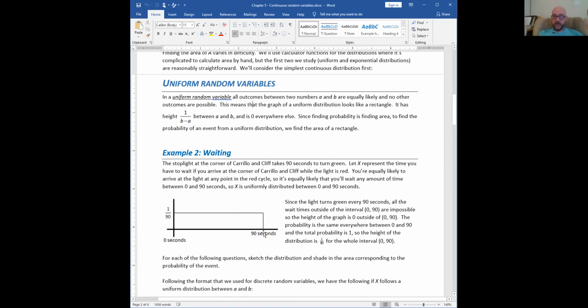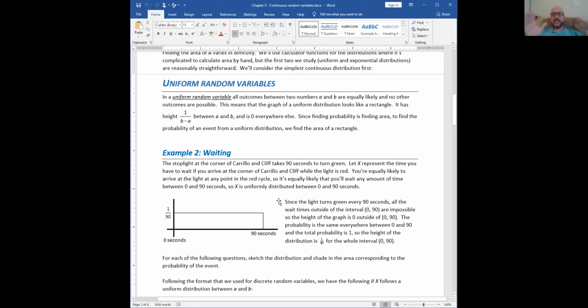And of course, time flows in a continuous fashion, at least as far as we know. So you could be literally anything between 0 and 90 seconds, right? 72.153 seconds is somewhere in there, and that's one of the outcomes. So you use a uniform random variable when all of the outcomes in a certain range are equally likely.